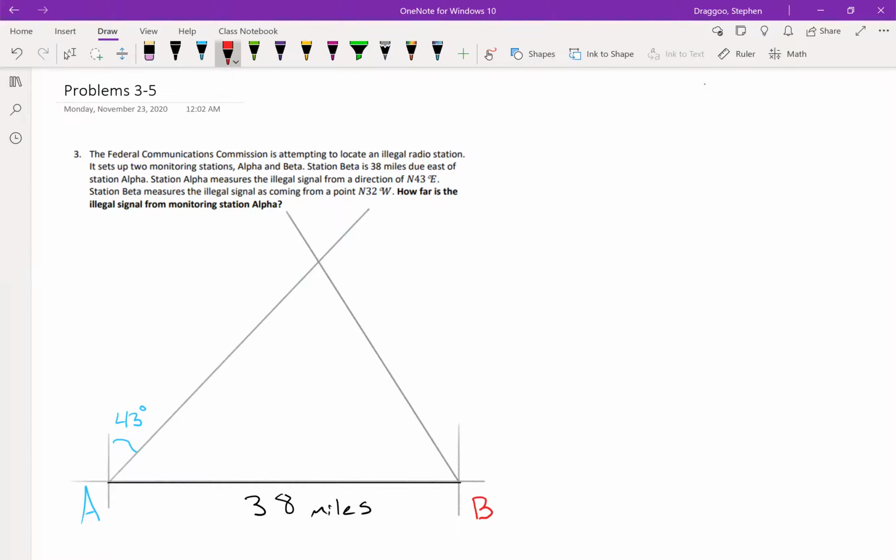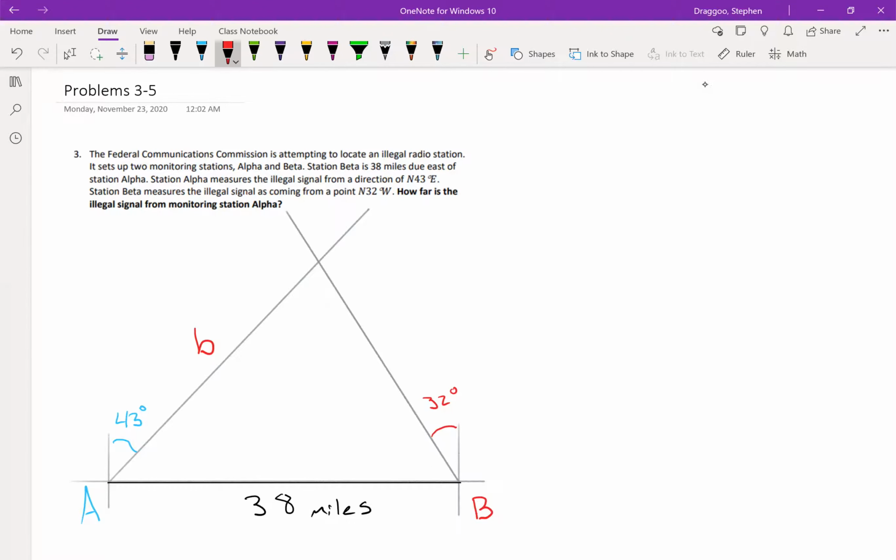That second angle we know to be a 32-degree angle to the northwest, giving us that red angle over on the right. And the thing that we're solving for is the distance from station alpha to the illegal radio signal, which means we're actually going to be looking for side length B, which will be this one over here.